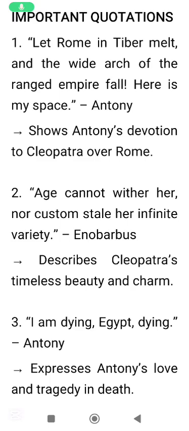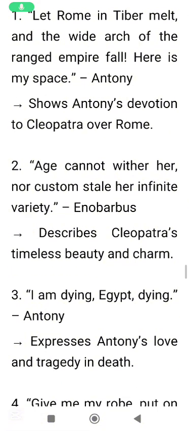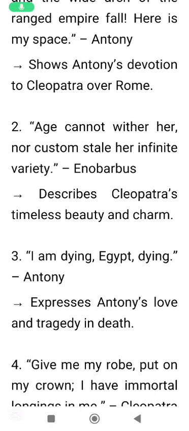He said, "Age cannot wither her, nor custom stale her infinite variety." So Enobarbus is trying to praise the beauty of Queen Cleopatra. He described Cleopatra's timeless beauty and charm.